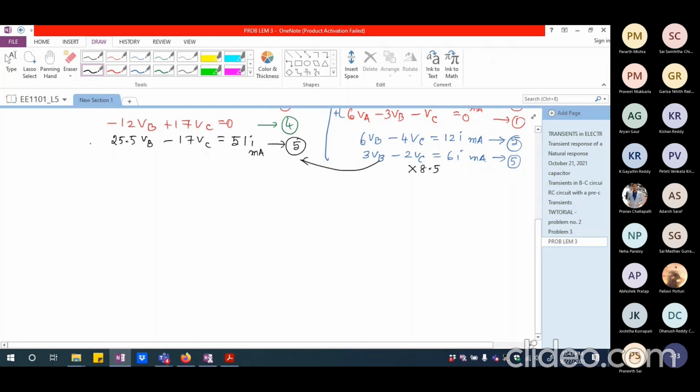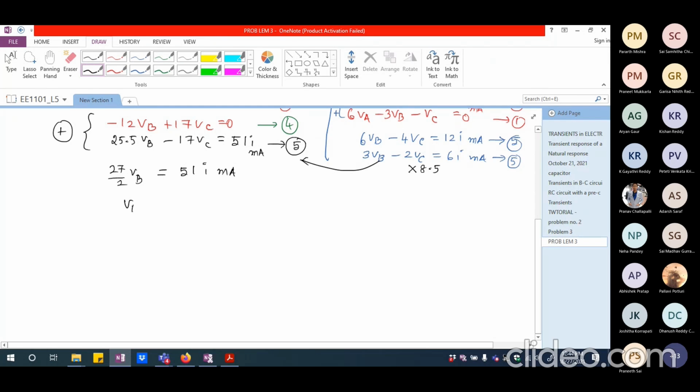Now when I add these two, I am going to get what? This is going to be 25 and 12, so 13.5 VB, which I can write as 27 by 2. That's also fine. So I'm going to write 27 by 2 VB equal to 51 I milliampere.